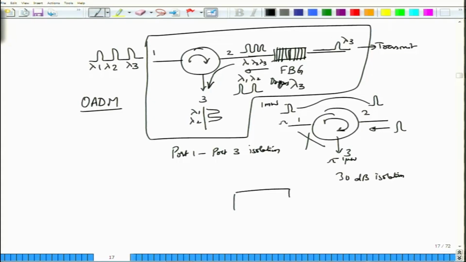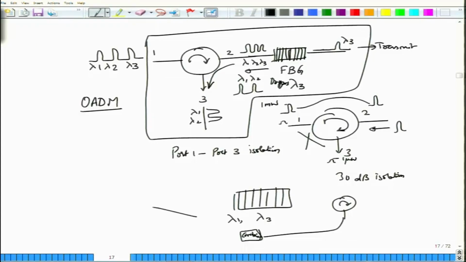Of course, you can keep multiple FBGs, such that when you tune this to, say, lambda 3, you can tune another to lambda 1, and in between you can keep these circulators so that they can all come back appropriately spaced, and then you can combine all of those into a single device by using a combiner, right. So this is my combiner. So signals, lambda 3 and lambda 2 maybe for example, are being transmitted or are being dropped, and they can be picked up by a single fiber by this combiner.